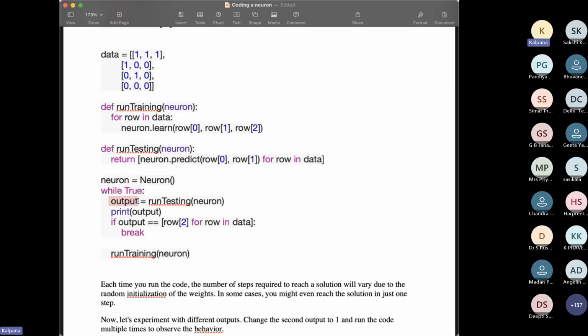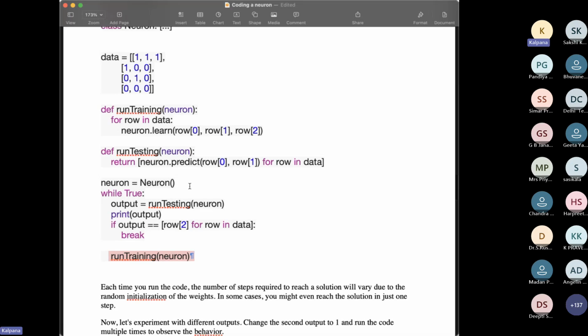So output equals run testing, print output. If output equals this, break. So if on testing all the outputs are correct, then fine. Otherwise, run training, keep on training. Is it clear?